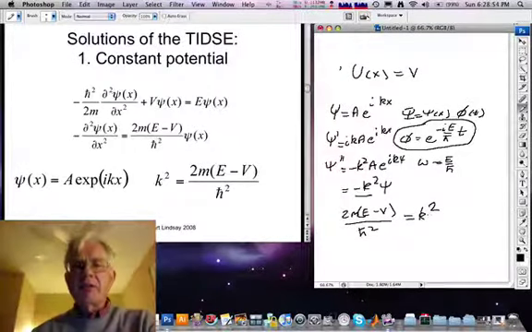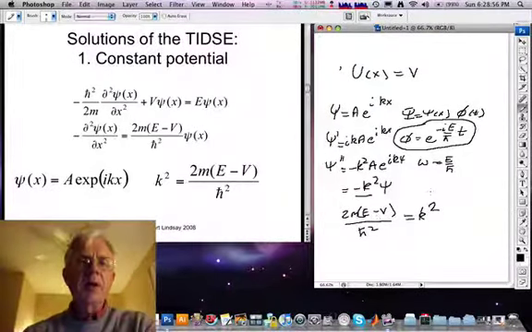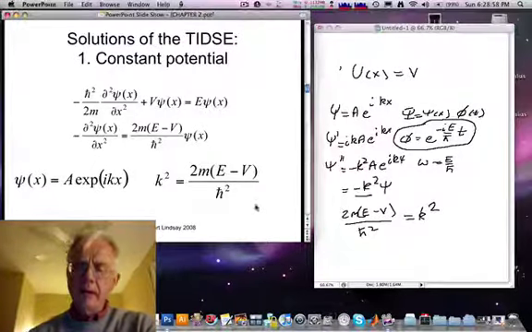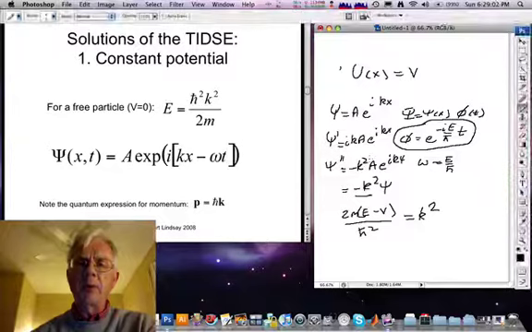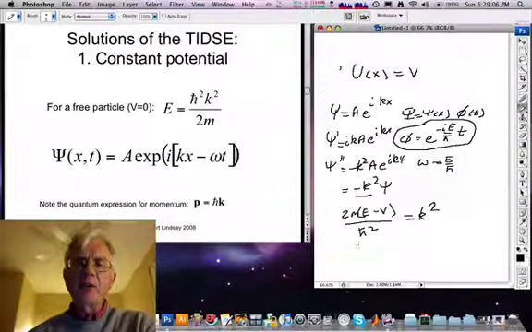Now this has an interesting consequence. We can set the potential equal to 0 if it's a constant everywhere. We don't have to worry about changes. So in zero potential, we know that the energy of the particle must just be its kinetic energy.